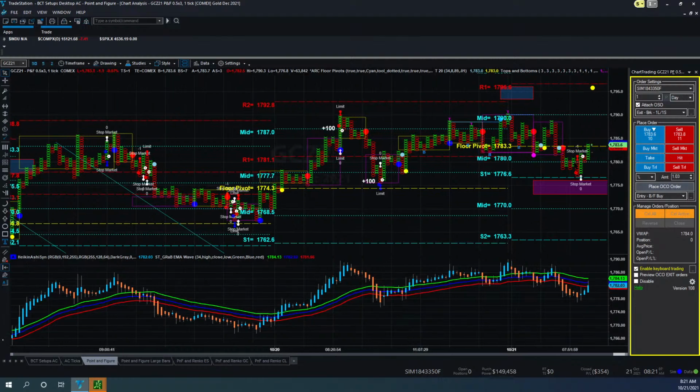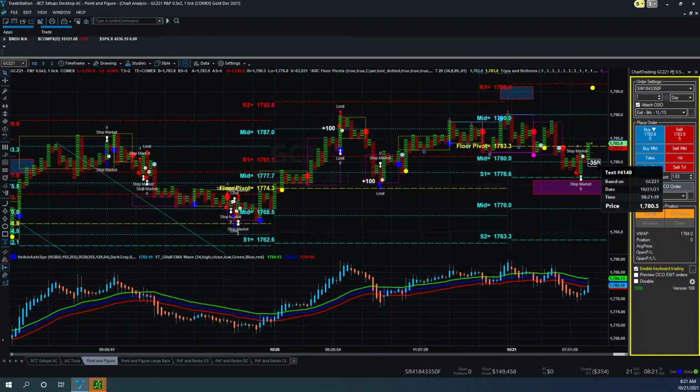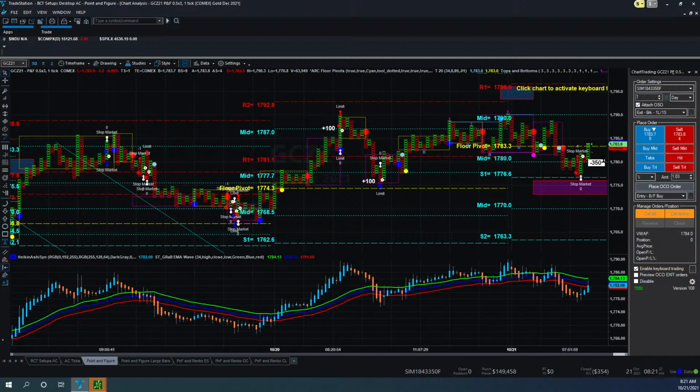So I'm going to put here minus 354. First trade of the day, and it's a loss.